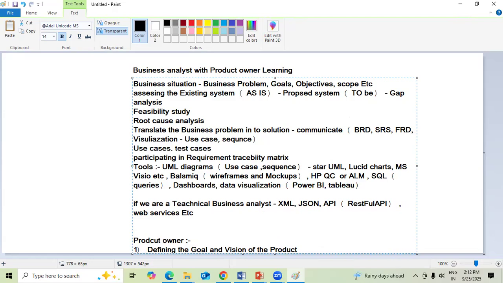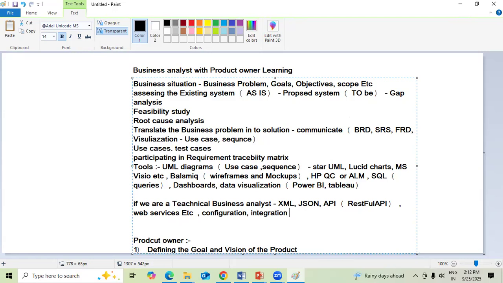Apart from the areas that I have written there, that's the reason I'm not writing here: XML, JSON, some API, web services, understanding some processes. Because many projects nowadays need a configuration analyst. We as a BA work as a configuration analyst also. Some basic knowledge of configuration and integration, meaning RESTful API, all that. So this knowledge is becoming inevitable if you are transitioning to a technical BA.